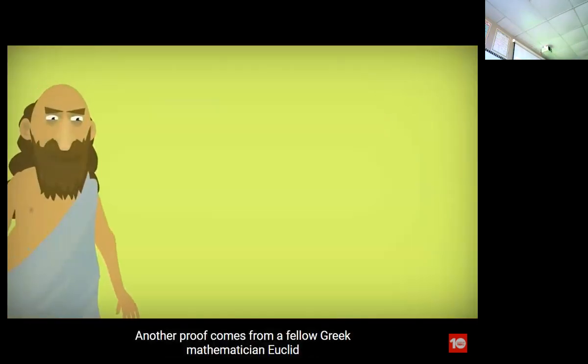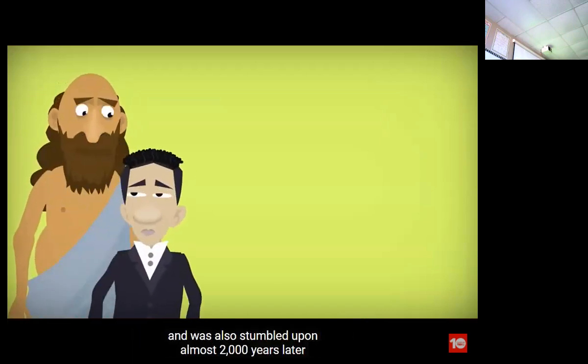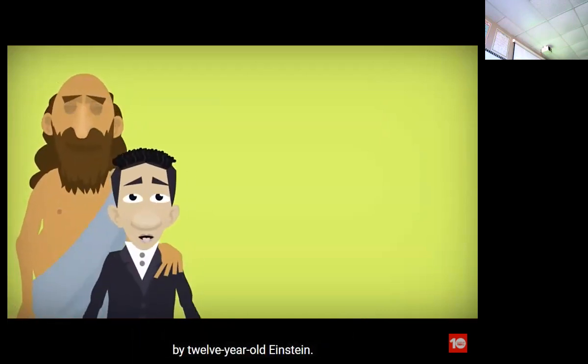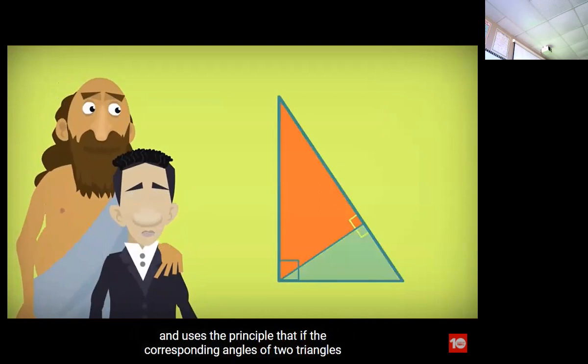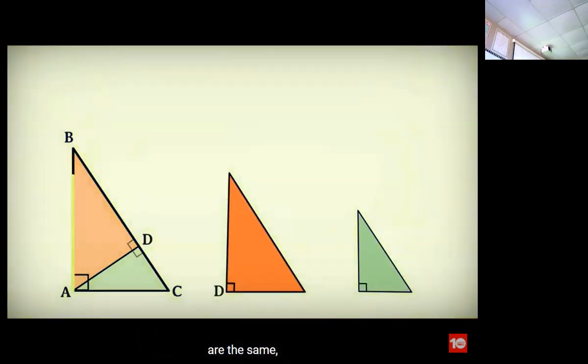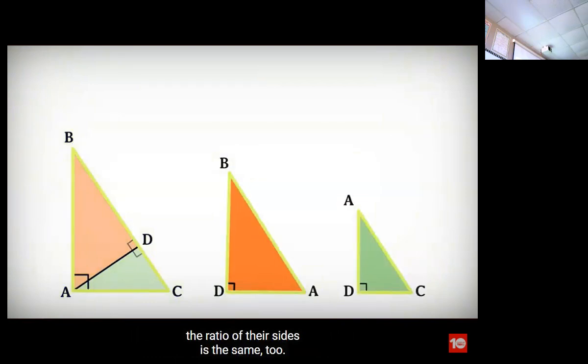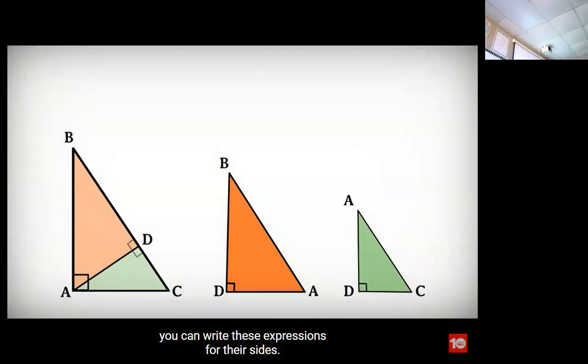Another proof comes from a fellow Greek mathematician, Euclid, and was also stumbled upon almost 2,000 years later by 12-year-old Einstein. This proof divides one right triangle into 2 others and uses the principle that if the corresponding angles of 2 triangles are the same, the ratio of their sides is the same too. For these 3 similar triangles, you can write these expressions for their sides.